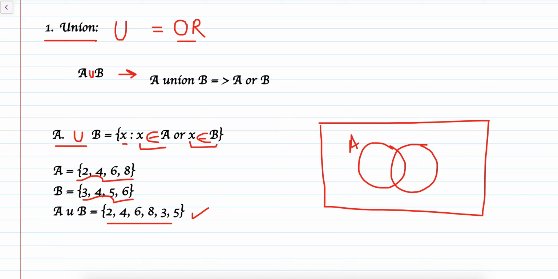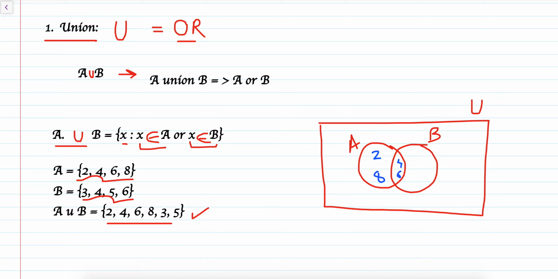This is A, this is B, and this is our universal set. Now A has 2, 4, 6 and 8.